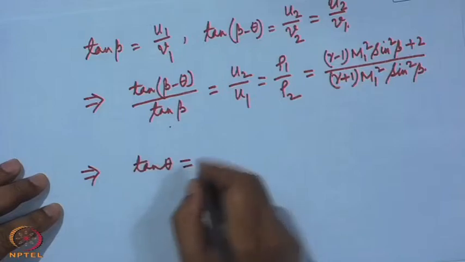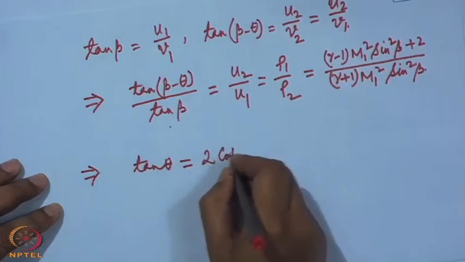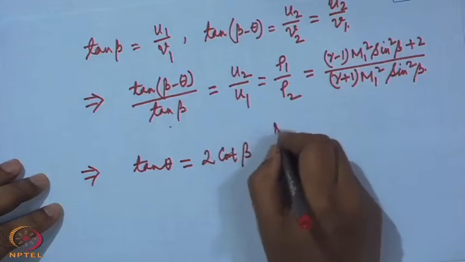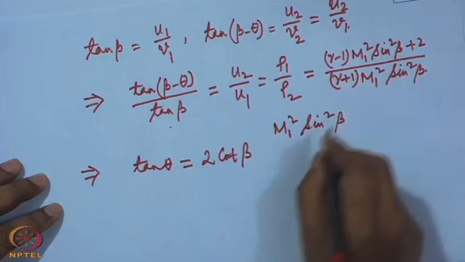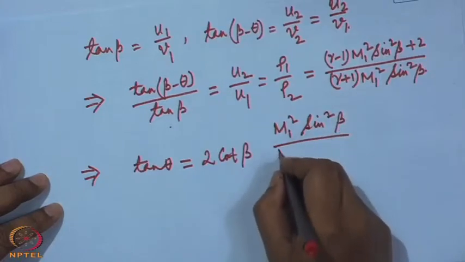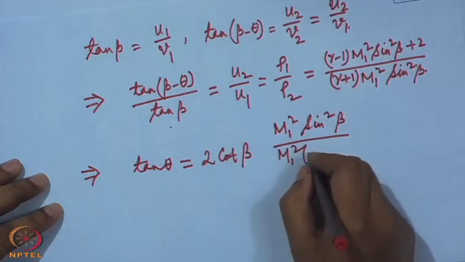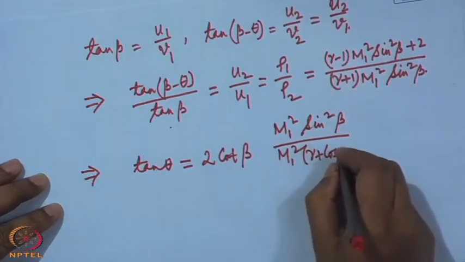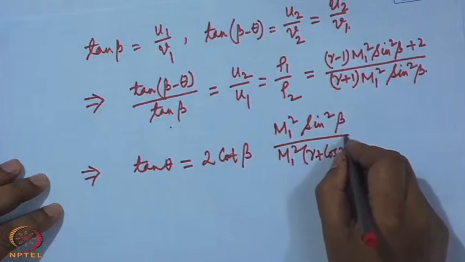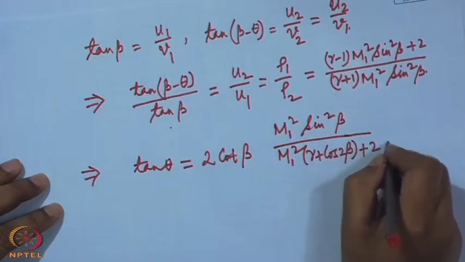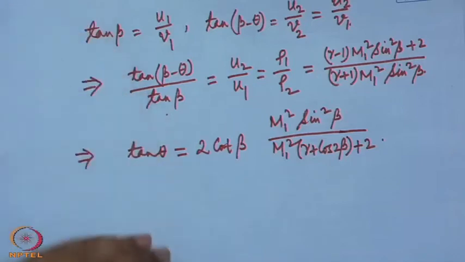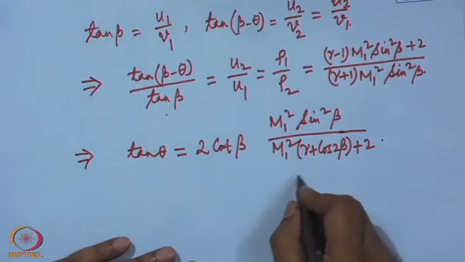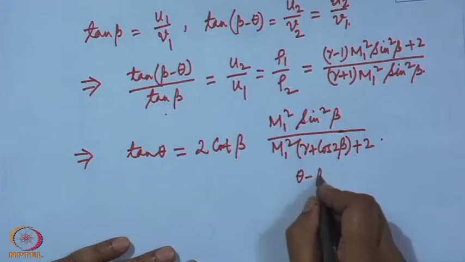tan theta equal to 2 cot beta m 1 square sin square beta by m 1 square into gamma plus cos 2 beta plus 2, which is a very well known and very widely used relationship and usually known as theta beta m relations.